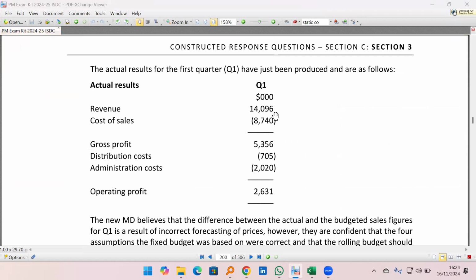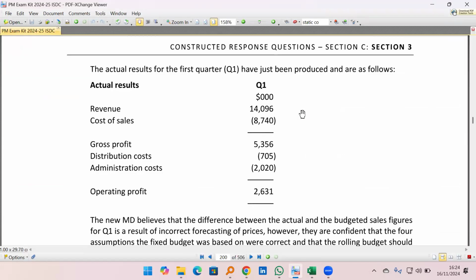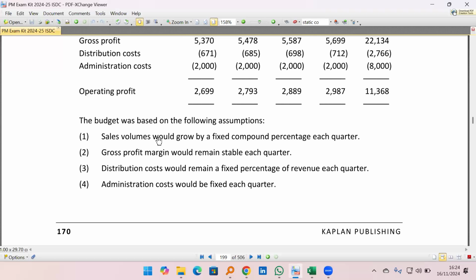But they said that one of the assumptions was that the sales volume would grow by a fixed compound percentage each quarter. So we are going to start from the actual sales of quarter one as they have come out, then grow them by this percentage. But what is this percentage? We need to determine it.